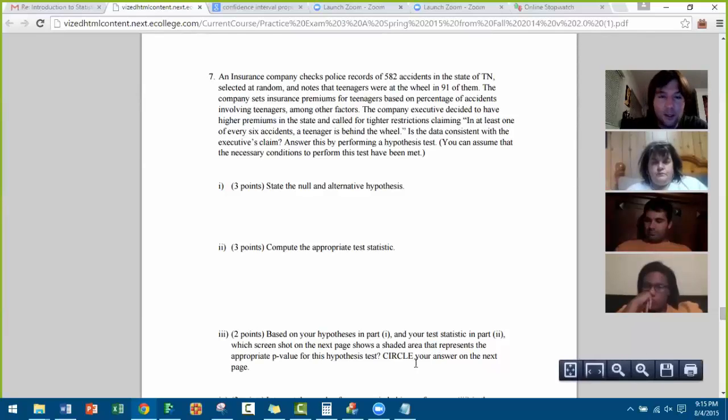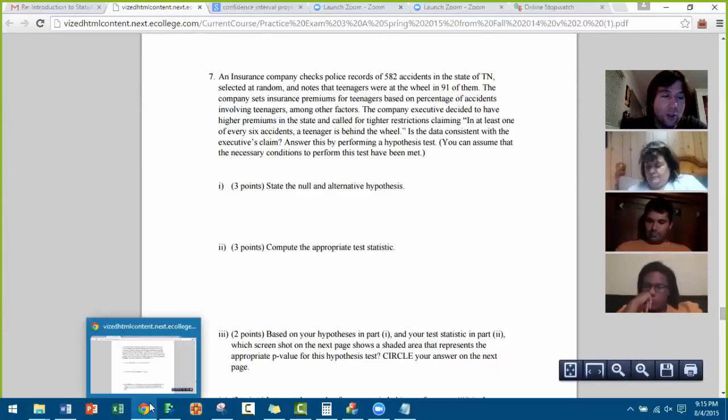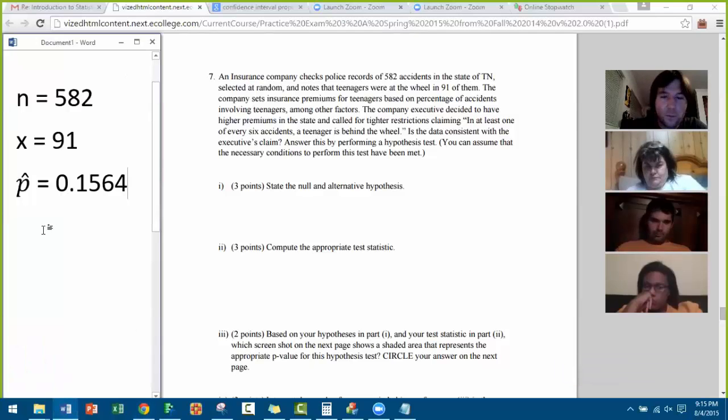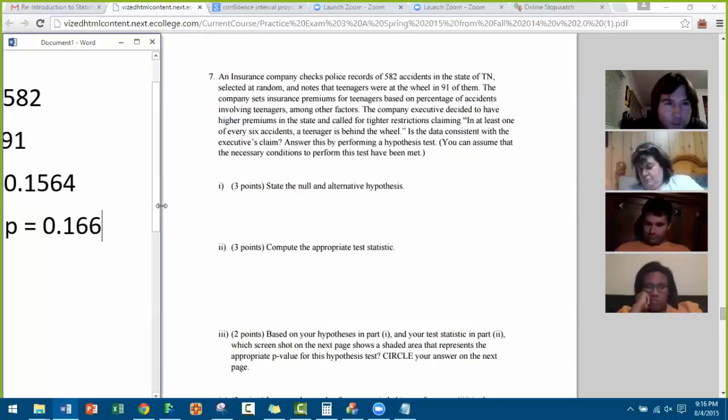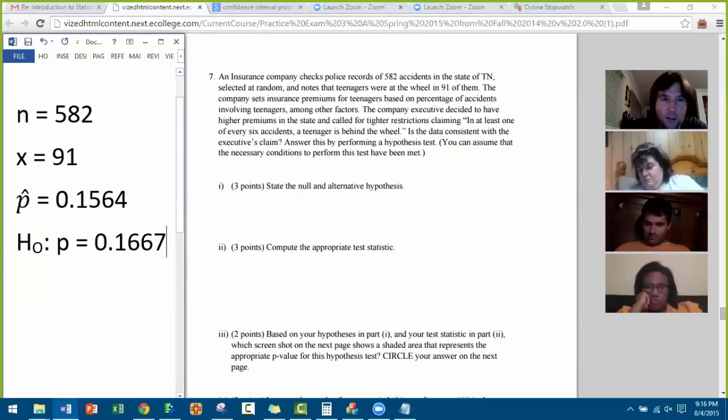Let's go ahead and assume that 1/6 is true and set that to our null. So our null here is that the true proportion of accidents where teenagers are at the wheel, which is going to be P, is equal to 1/6. The alternative will be, do we have evidence to support the claim?